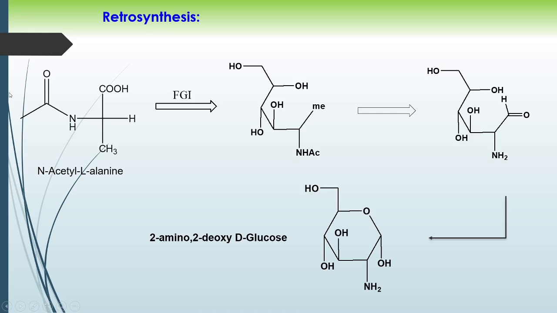Okay, so in our L-alanine structure, in this L-alanine there is an NH2 group, but this is highly reactive, therefore it can be protected, and we got the N-acetyl L-alanine. And see the retrosynthesis, after doing retrosynthesis we got 2-amino 2-deoxy D-glucose. Okay, so in the second carbon there is no hydroxy group, here it is an NH2 group, therefore here we write the 2-amino 2-deoxy D-glucose. This is our starting material.